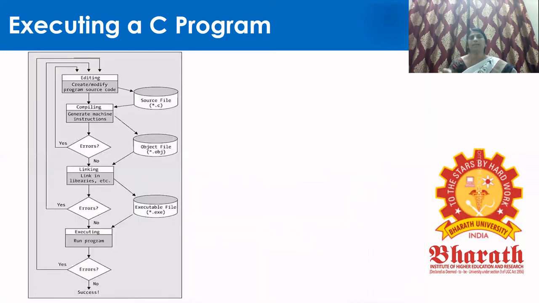When we see that in a detailed flow, first we edit or create some source code. The source code file is going to be the source file in C. So let us say we will write example dot C. We write a program and store it in example dot C. When you store it in example dot C, it then gets compiled.